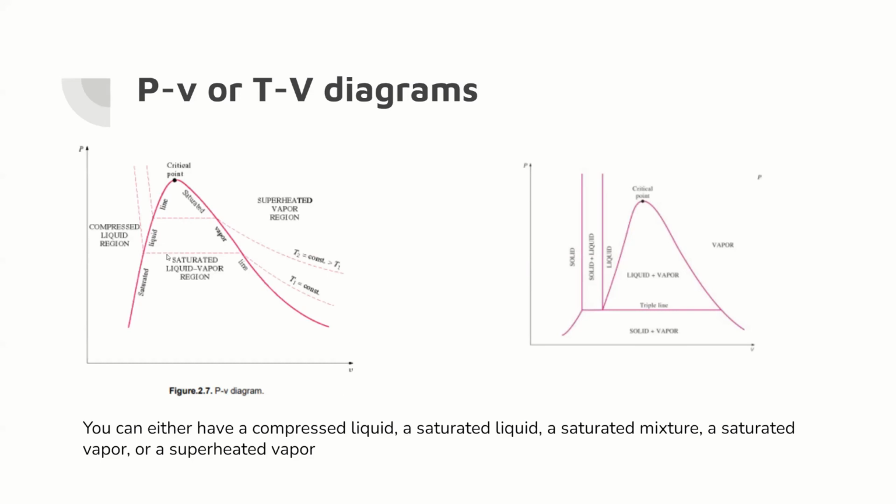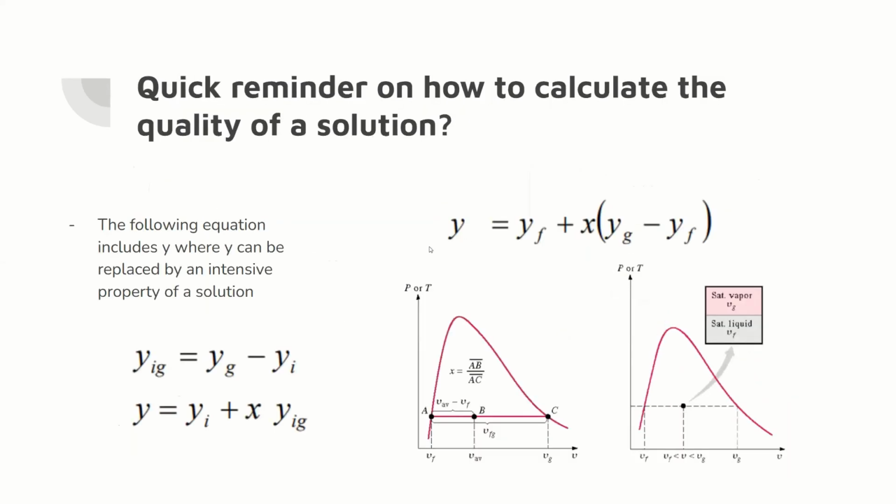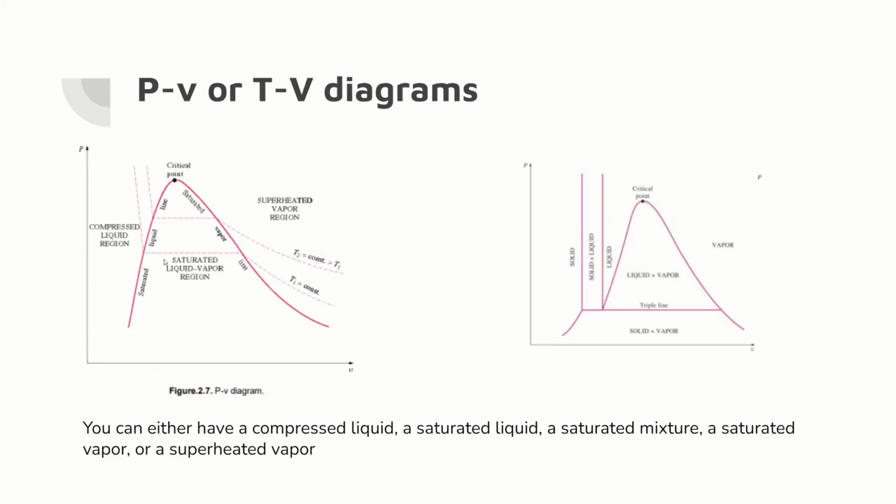Go a little further in the specific volume, and you're in the saturated liquid-vapor region, what we call the mixture phase. You'll have both liquid and vapor within your fluid. How much? That depends on the quality. If you're close to 0, or 0%, then you're closer to the liquid region.